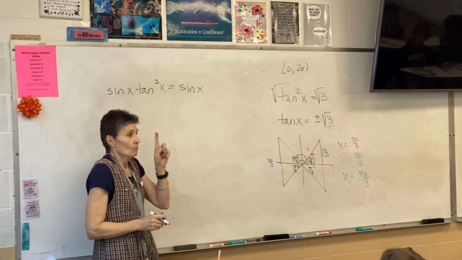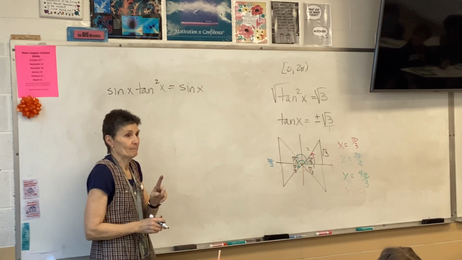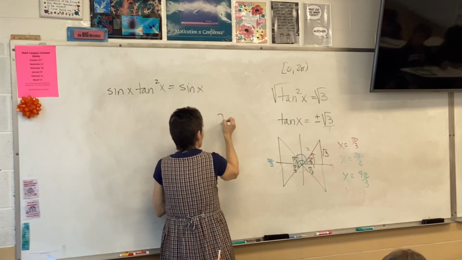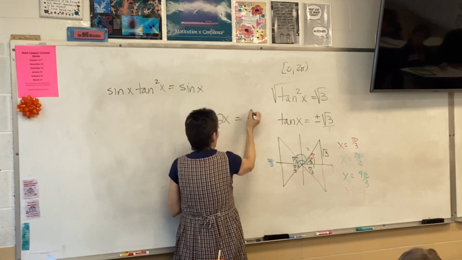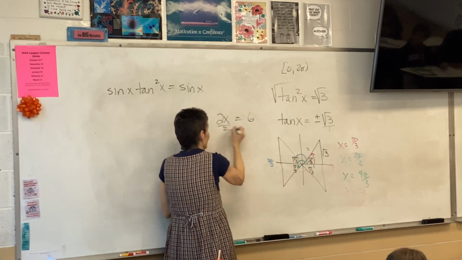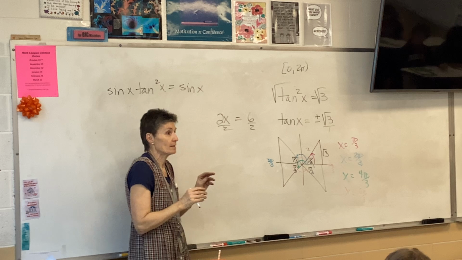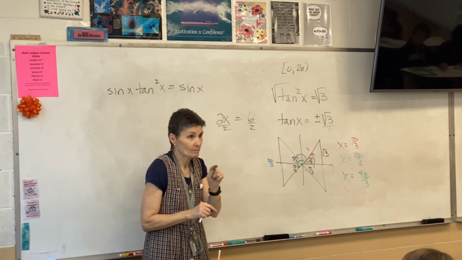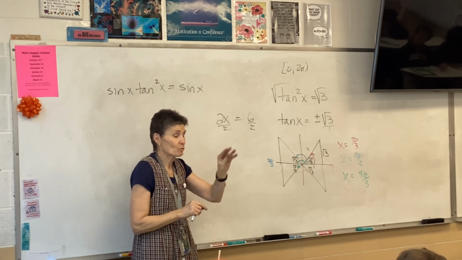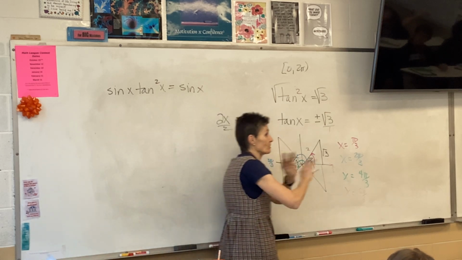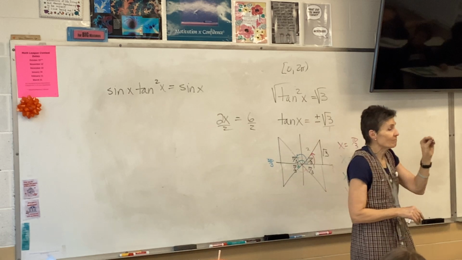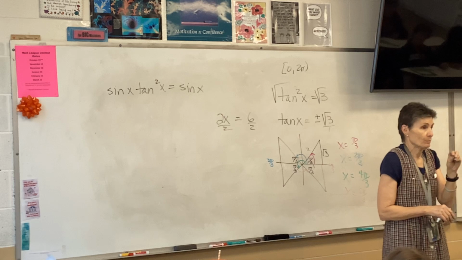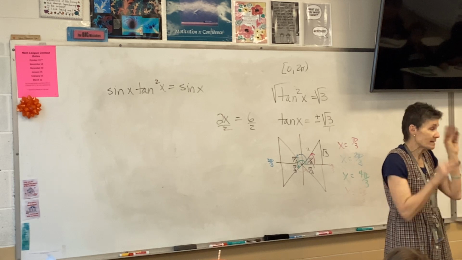Dana said, we're gonna divide both sides by sine. Now, I know that if you had a problem like 2x equals 6, you would divide both sides by 2. I know you would do that, and that's okay. But you can never, in trigonometry, logarithms, exponentials, anything, divide by an unknown.